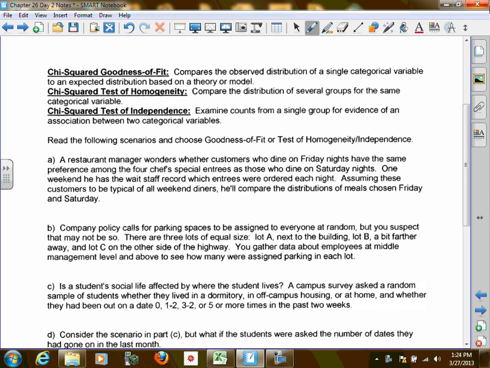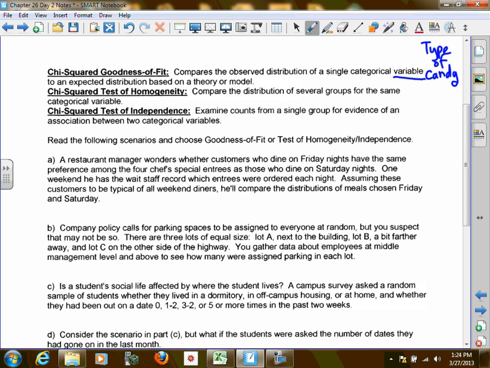Chi-squared goodness of fit, the key is that you are comparing categories of one variable. You only have one variable and multiple categories. For example, type of candy. You would just have one list of the different types of candies, that's why we would put it just in a list.